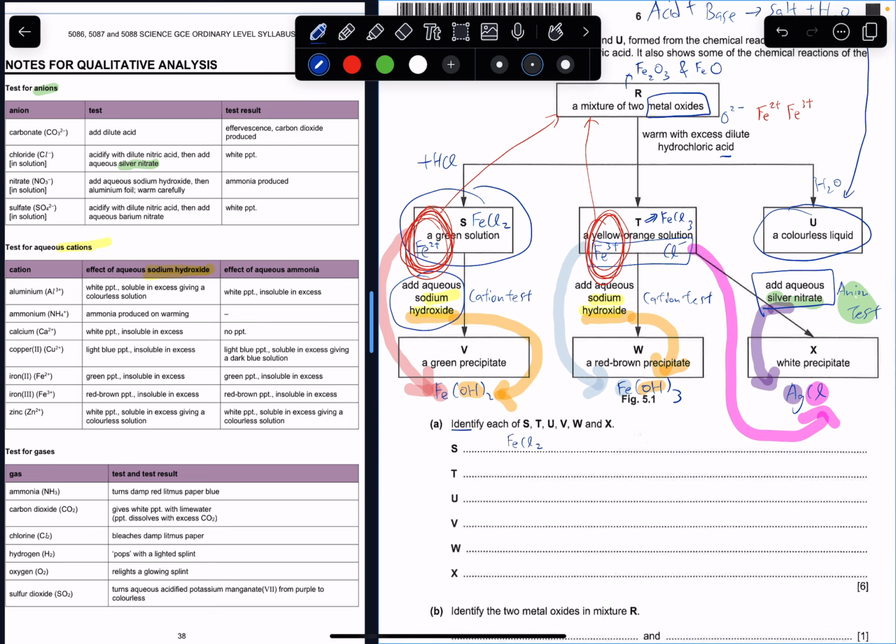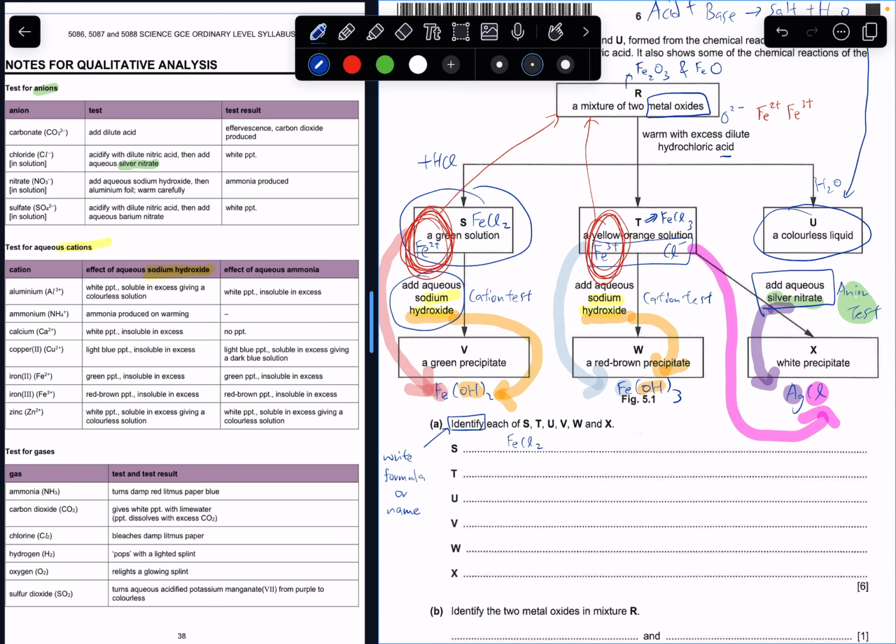FeCl2. You see when they use the word identify, it means that you can either write the formula or the name, whichever you are better at. I like to write formula because that's my preference. But if you want to write formula, you need to make sure that you know how to balance the ions properly.